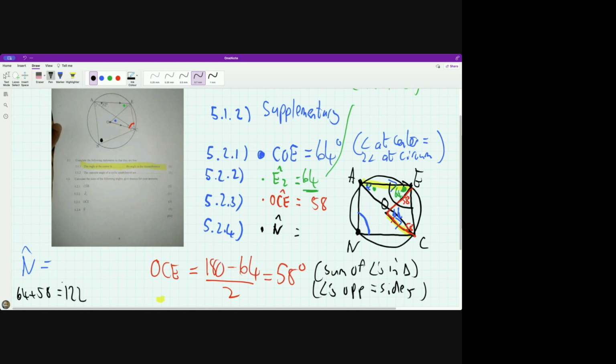So if that is 122, if I've done my maths correctly, these two together have to add up to 180. So this would just be 180 minus 122, which is 58 degrees. So this is going to be 58. What is my reason going to be that supports the 58?